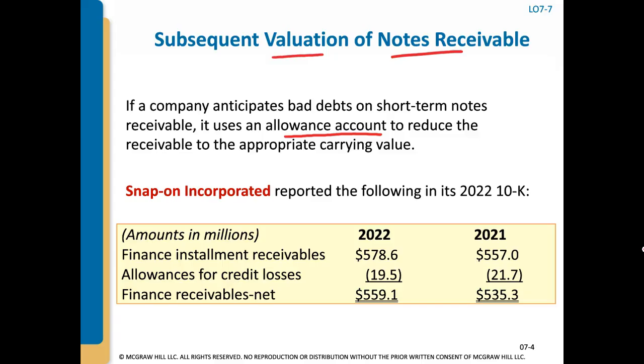They will use an allowance for credit losses for the notes receivable, and they can estimate that allowance. There are various ways to estimate that. And they have to report that on the face of the financials. They have to put the face value, the principal value of the note receivable, minus allowances for credit losses to show the net. And this is what the company believes they will be able to collect at the end of the term of the note.